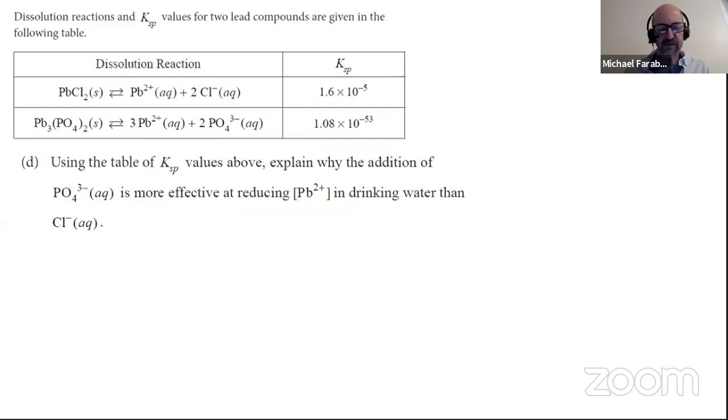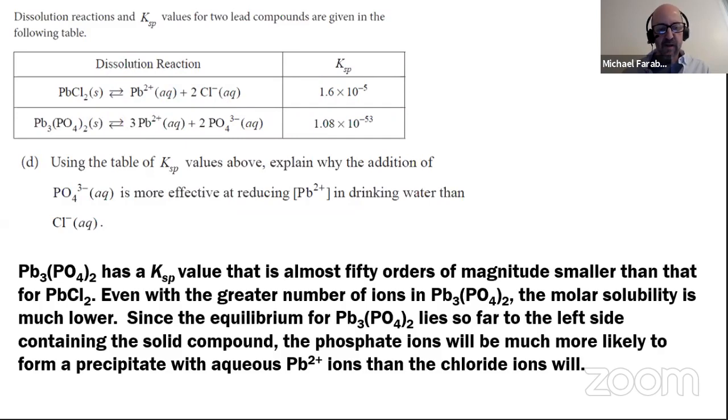So one possible answer was, given that the KSP for lead phosphate is so much smaller than the KSP for lead chloride, the molar solubility of lead phosphate is much lower. So therefore, the phosphate ions will be much more likely to form a solid precipitate when they interact with these aqueous lead ions.